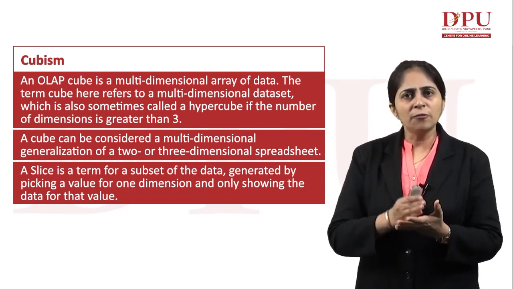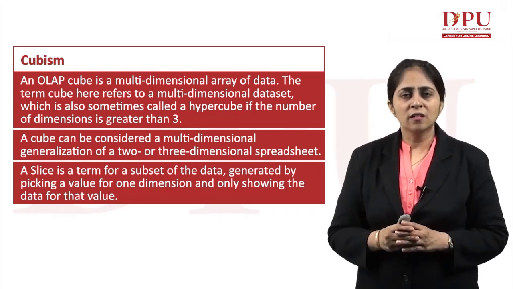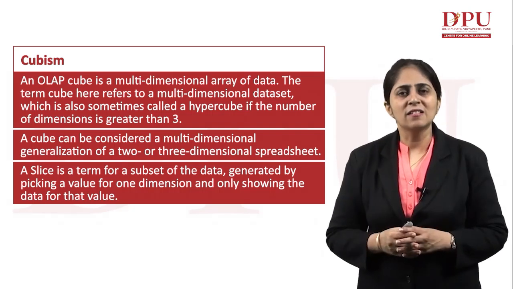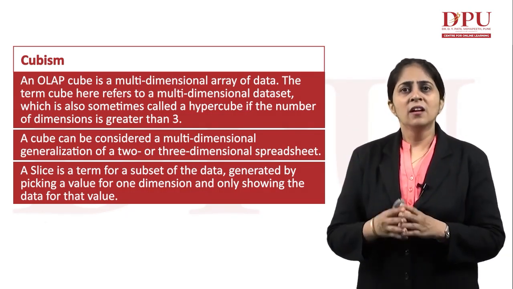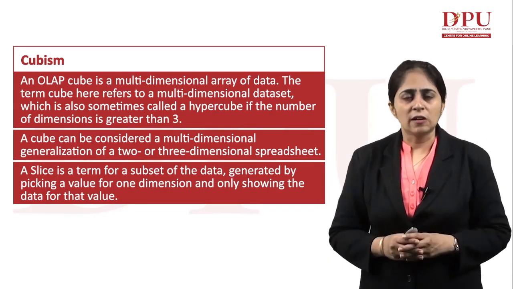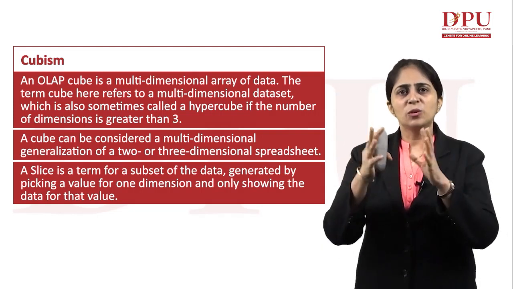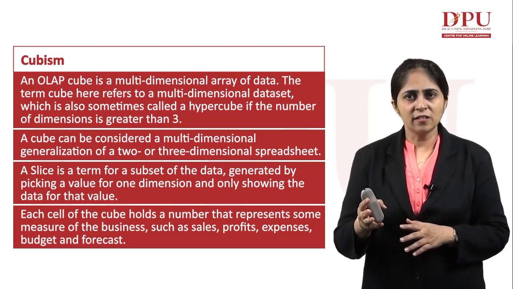We have different dimensions of data depending on the product, the time we want to analyze it at, a particular city, and a particular scenario. These different data dimensions can be represented with the help of a cube. Cube is a shorthand for multi-dimensional data set.